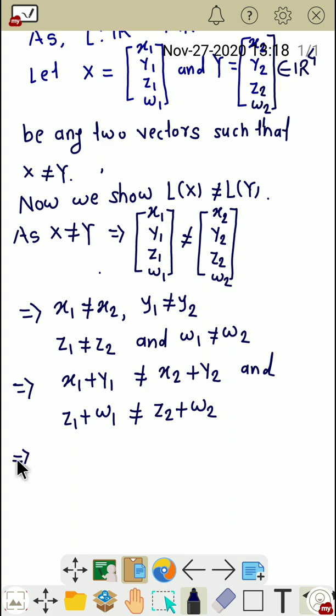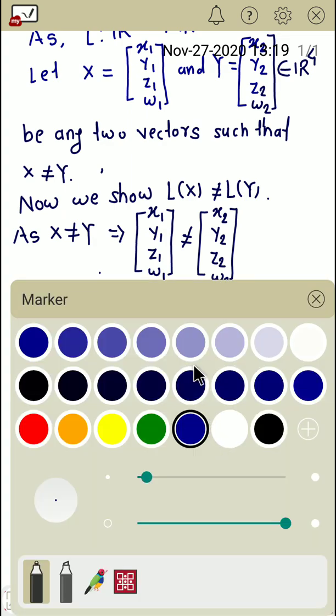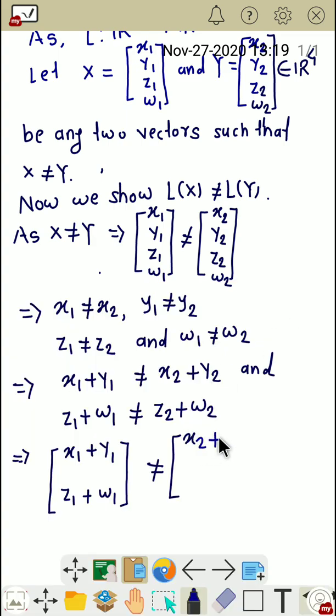This implies that the two matrices, the first matrix with entries x1 plus y1 and z1 plus w1, is not equal to the matrix with first row x2 plus y2 and second row z2 plus w2.